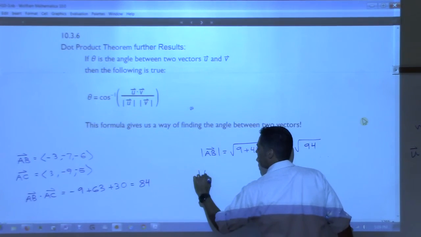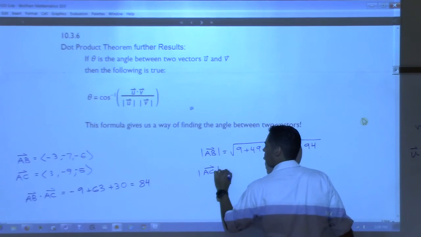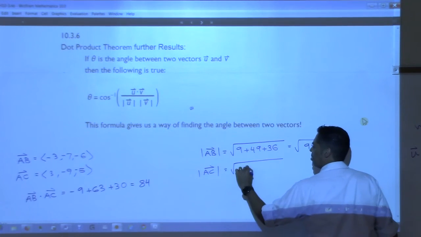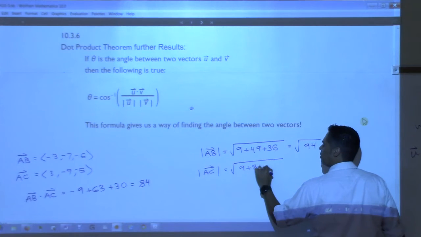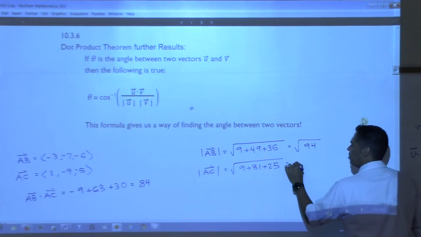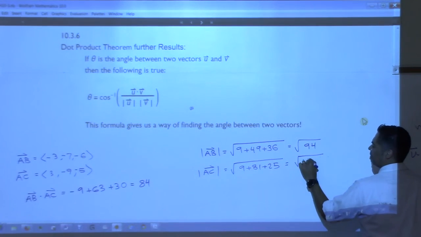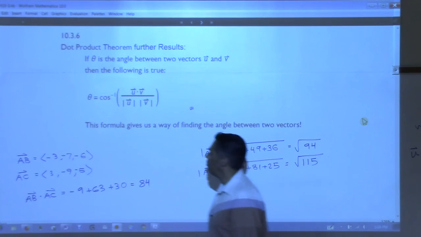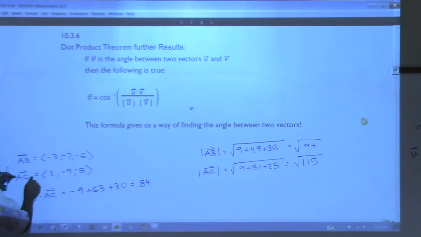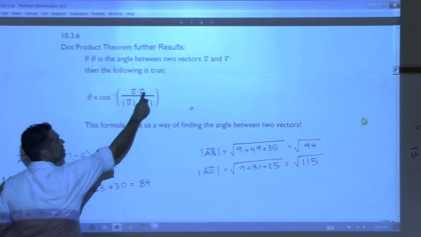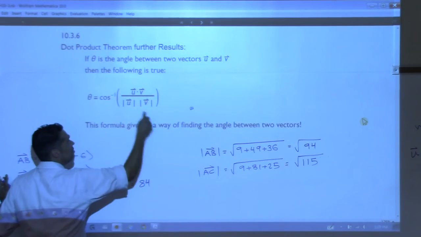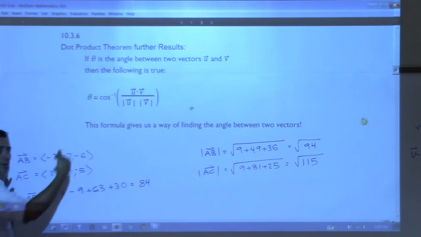Then the magnitude of AC, which is root 9 plus 81 plus 25, which is root 115. So I'm taking the two vectors, I already dotted them, which gives me the top. I find each magnitude, which gives me these two, and now I need to take our cosine of that.